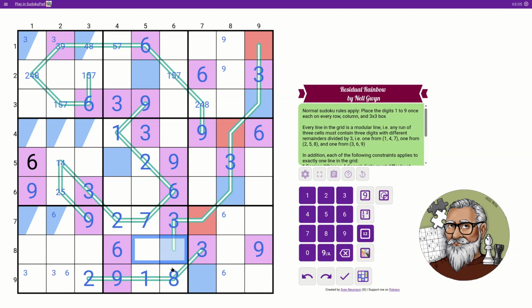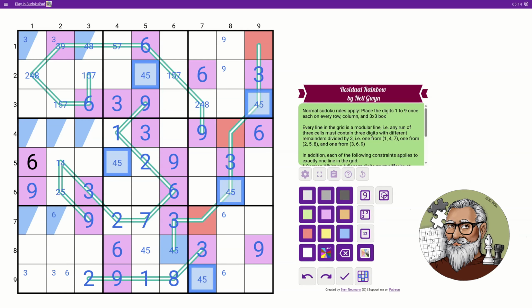this is 4 or 5, right? 4 or 5. Yeah. I need to resolve that. 4 or 5.